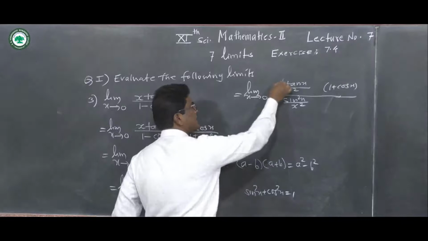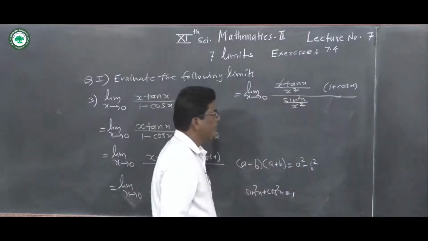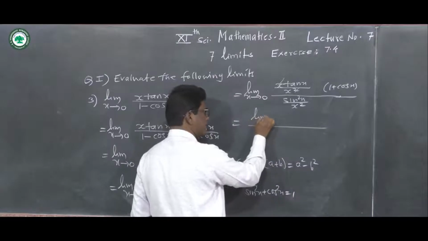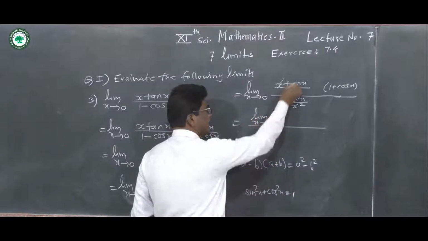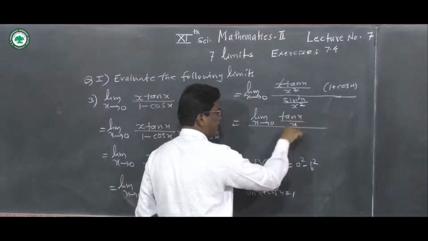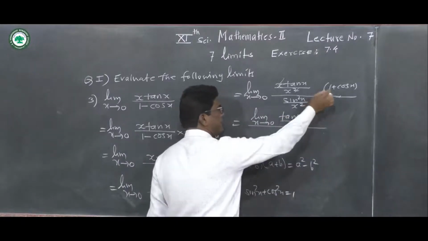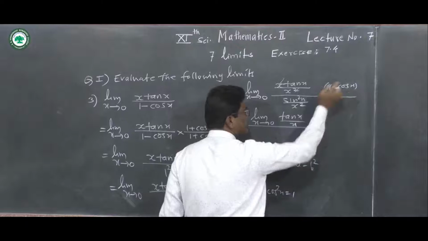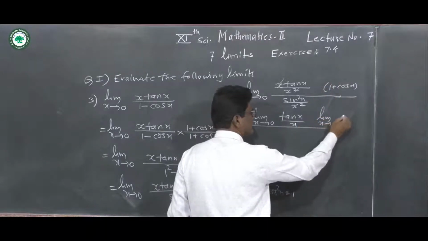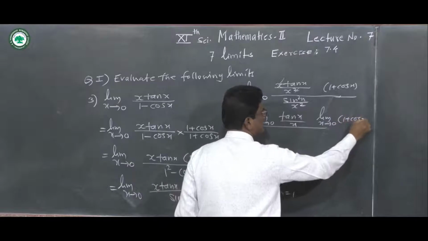Here x and x get cancelled. So this is equal to limit as x tends to 0 of tan x upon x, and also separate the limit for 1 plus cos x, so limit as x tends to 0 of 1 plus cos x.